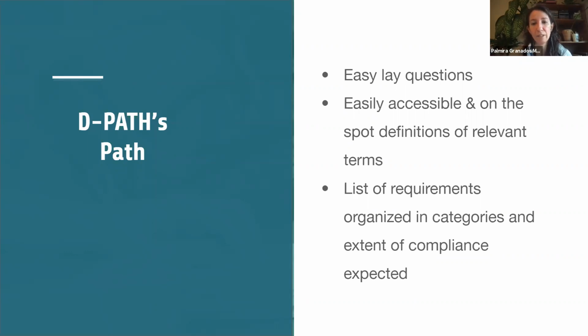Then at the end of all the answers that the user provides to these easy lay questions, there is an output of the list of requirements that the user will more likely have to comply with. This list of requirements is organized both in categories and also in the extent of compliance that is expected.